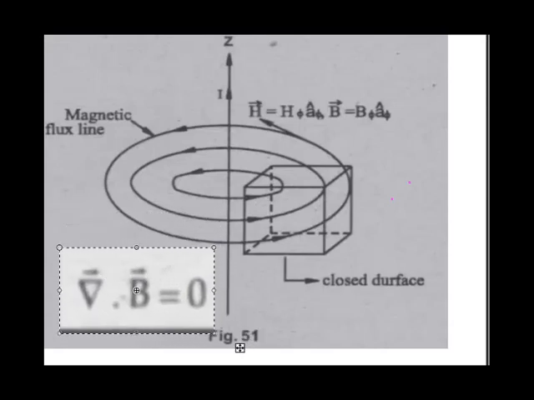Since the integration is 0, the differentiation will also be 0. So we got that for every nature of magnetic field intensity, the total flux density present in the box is always 0.